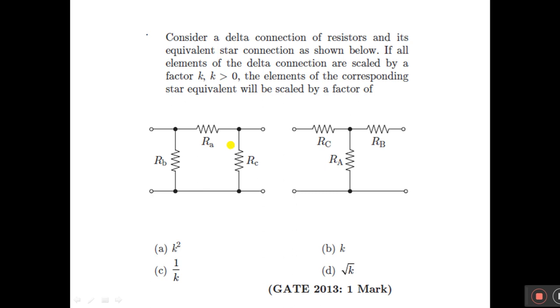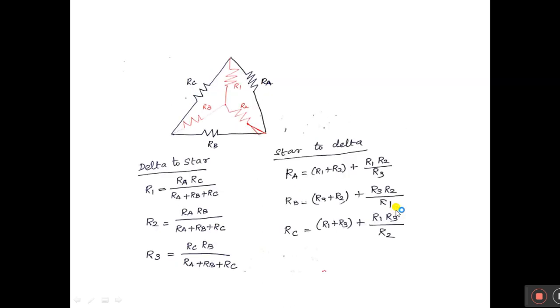Right? So here on one side the delta values are given, on the other side the star values. You should convert delta to star. The general idea of converting delta to star: suppose I want to get the star value R1.